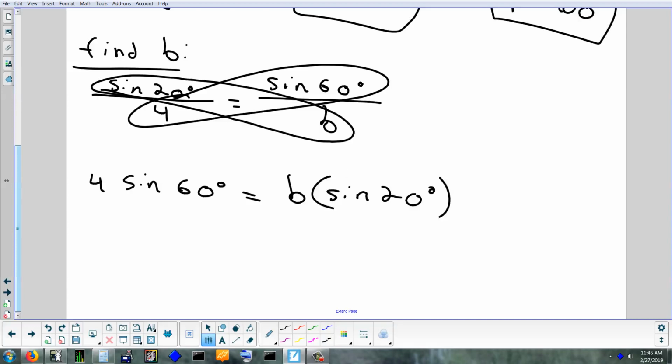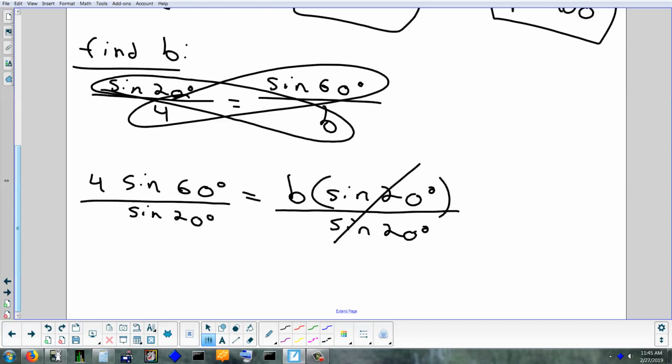So I've got B times the sine of 20, but I want to get B by itself. So how do I move sine 20? Divide. Yep. Divide by sine 20. That's gone. Divide by sine 20. And once we type that in, that's the answer for B.